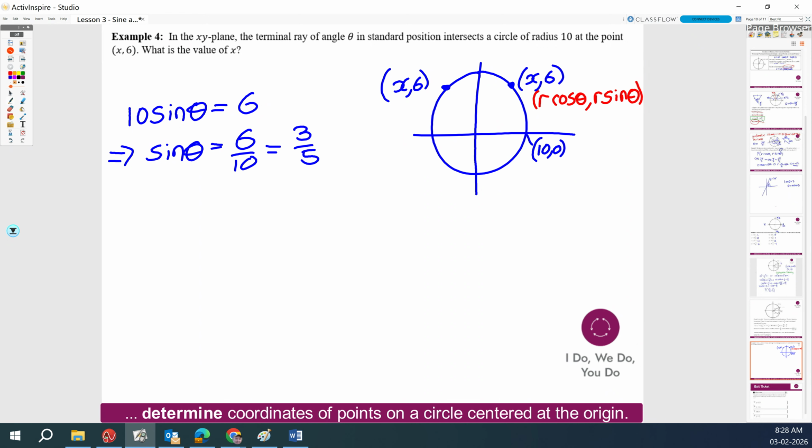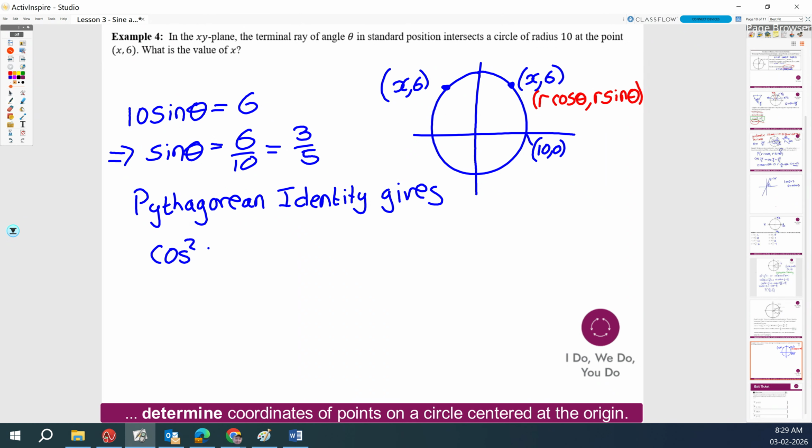So now we pull up the Pythagorean identity. The Pythagorean identity is cos squared theta plus 3 over 5 squared equals 1.